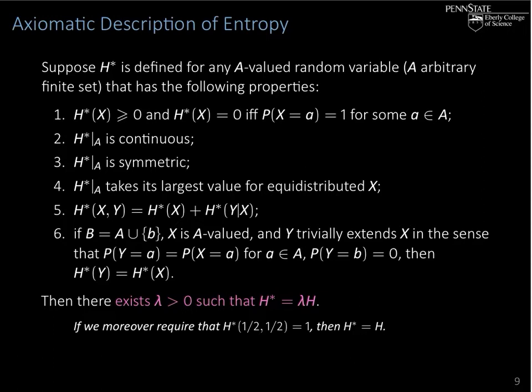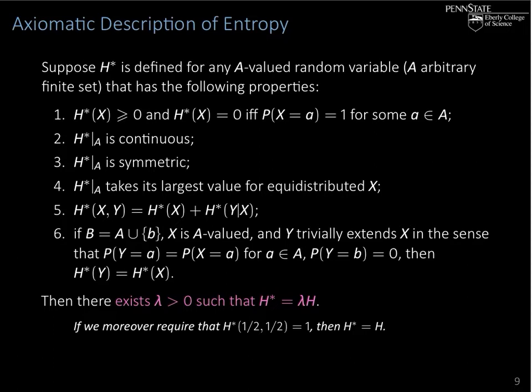But let's assume we have a possibly different function that also has these properties. Namely, it is continuous if we restrict it to a certain fixed a, as a function of a probability vector of a fixed dimension. It's also symmetric, and it takes its largest value for equidistributed x.